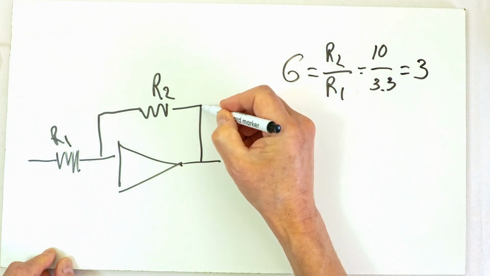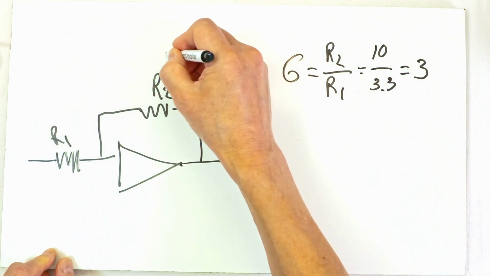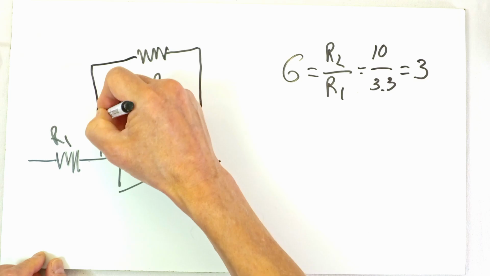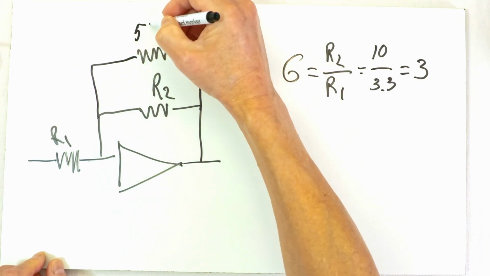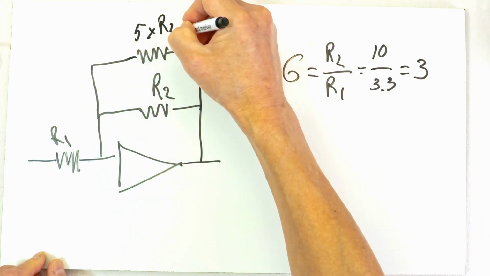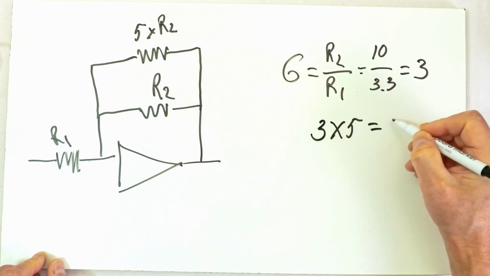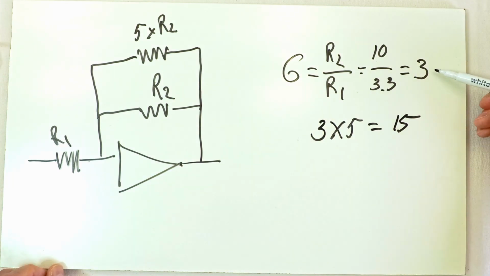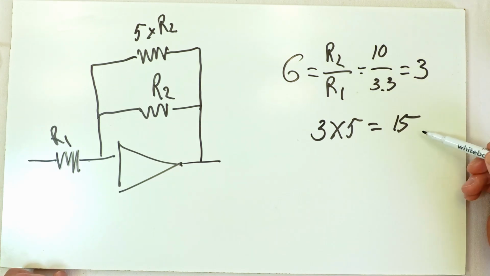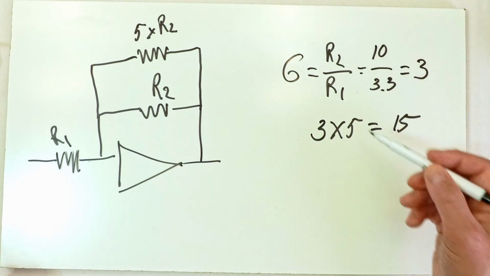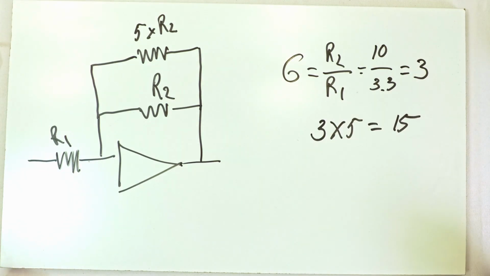Wouldn't it be nice if we had a second path with a different value resistor, like 5 times R2, that would give a gain of 3 times 5 is 15. So we could have for some frequencies a gain of 3, and for low frequency signals a gain of 15. That would result in the bass boost we are looking for.